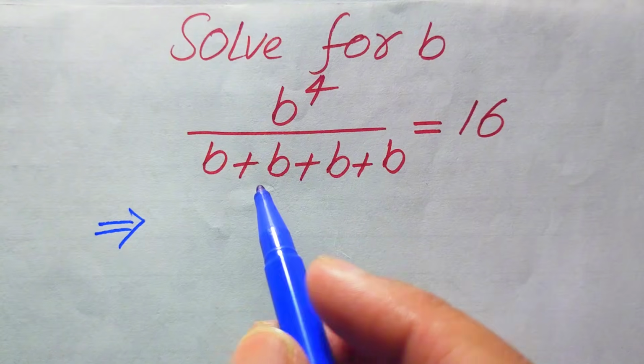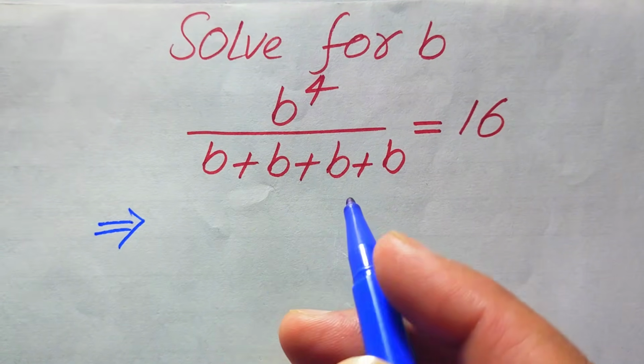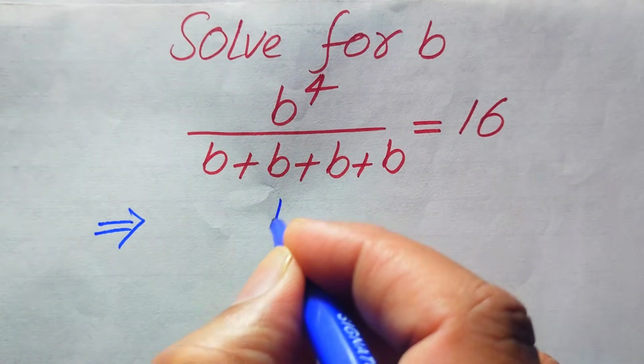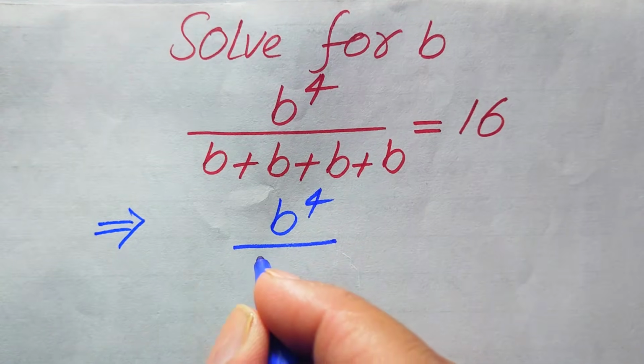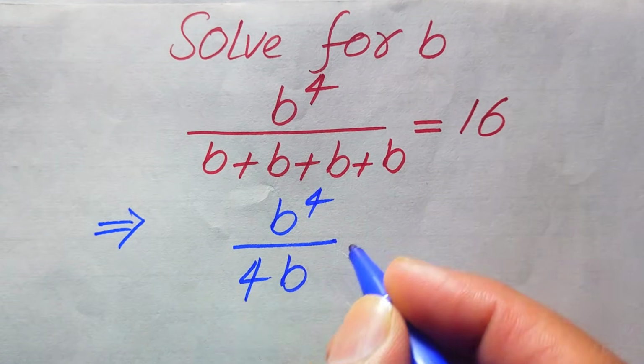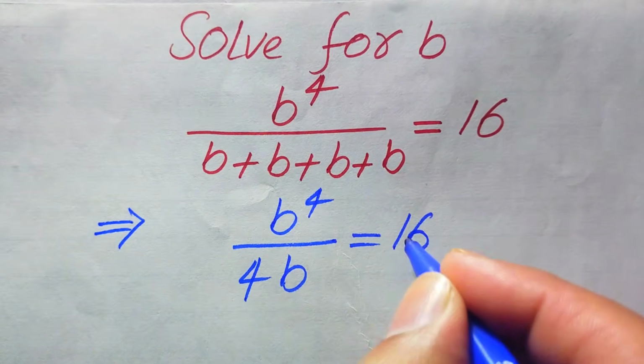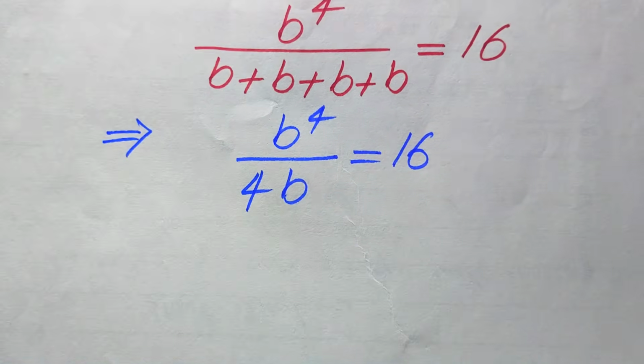First, you see here in the denominator we have b added 4 times, so we write it as b to the power of 4 divided by 4 times b, and this equals 16.